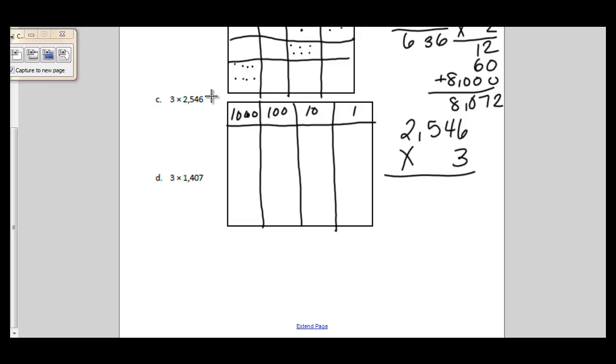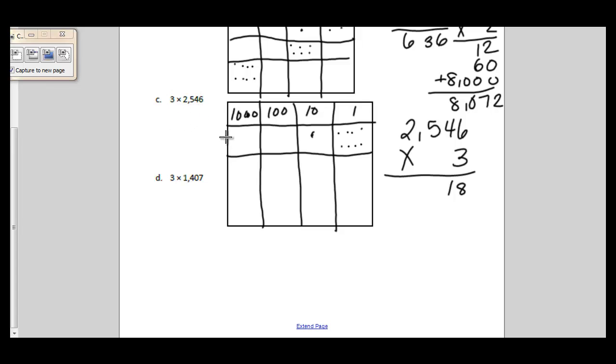Excuse me, 3 times 6 ones. That's 18. So there's my 8 ones. 18. 3 times 4 tens.